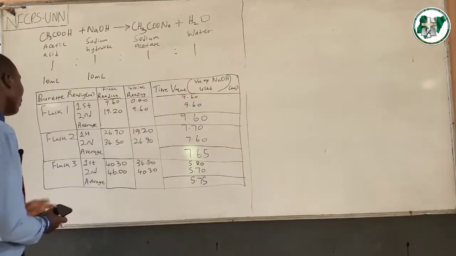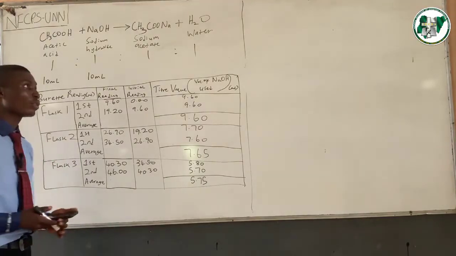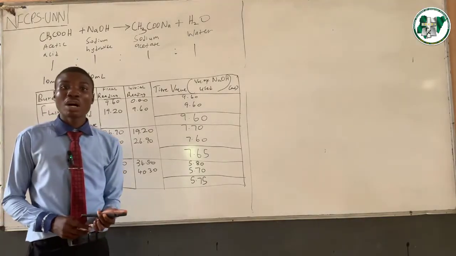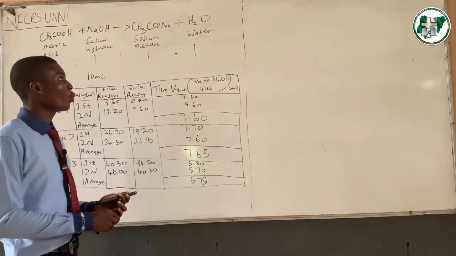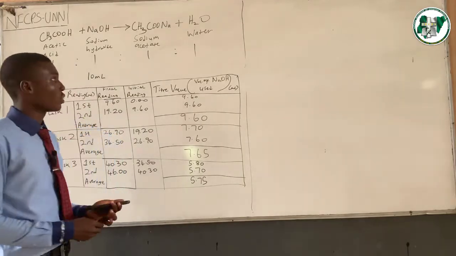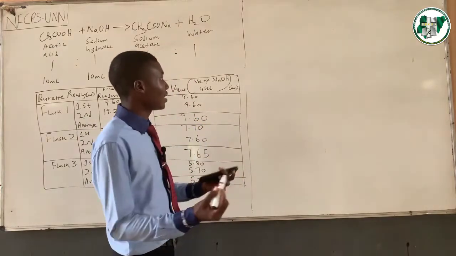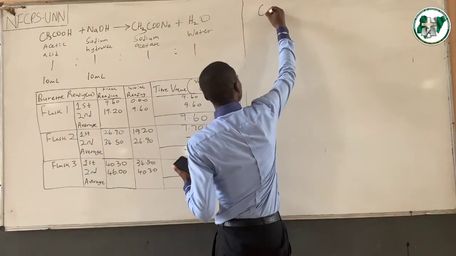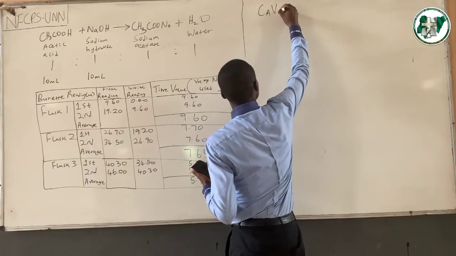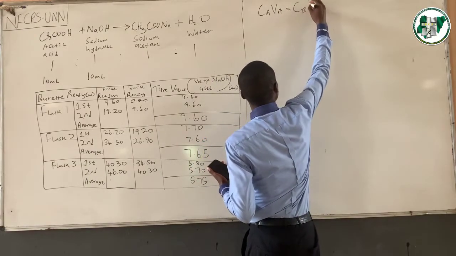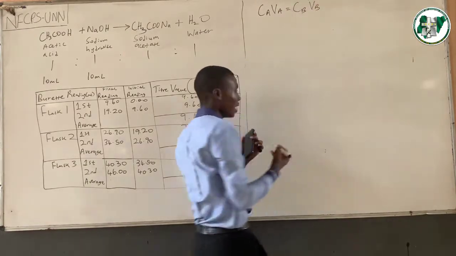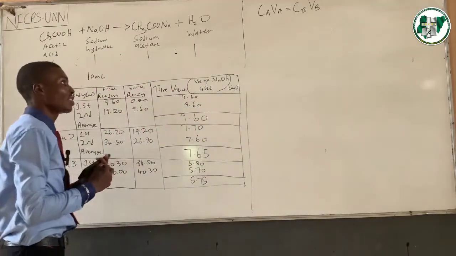The next flask is the flask that contains 0.4 normal acetic acid. So let us do some calculation so you can understand that. When you want to calculate for acid and base, you usually use concentration of acid times volume of acid equal to concentration of base times volume of base. We call that CAVA equals CBVB.